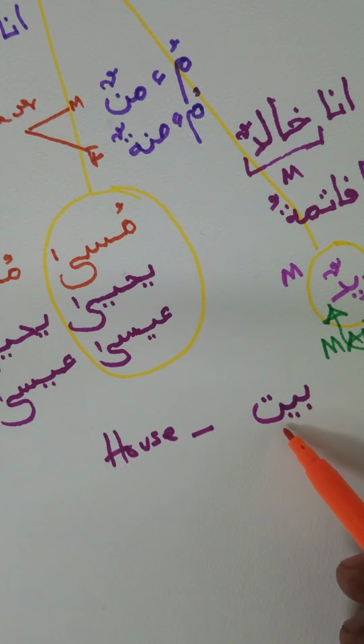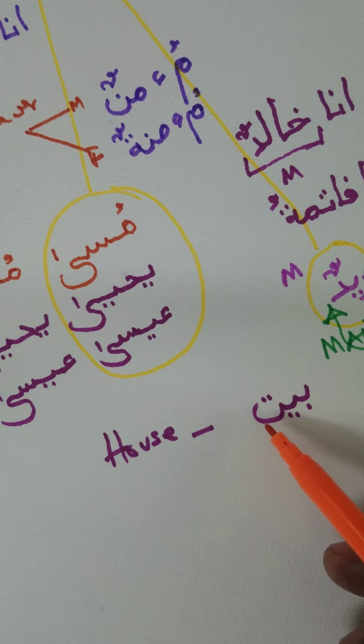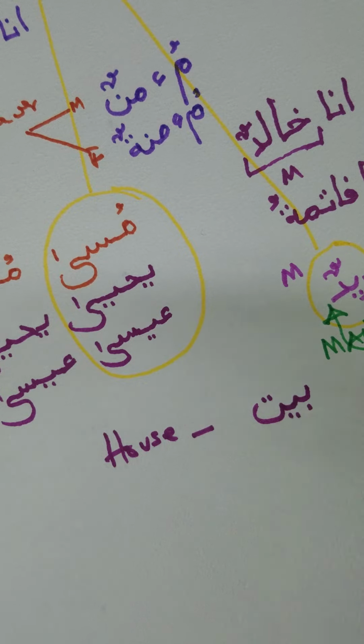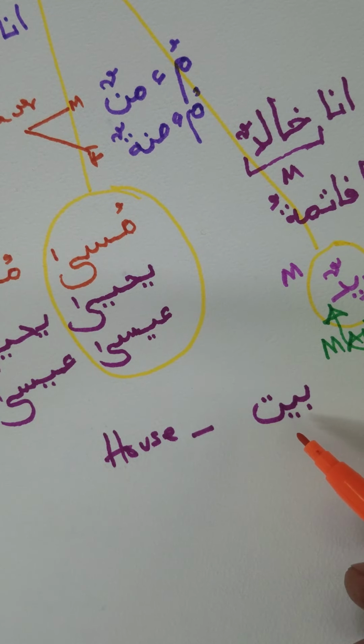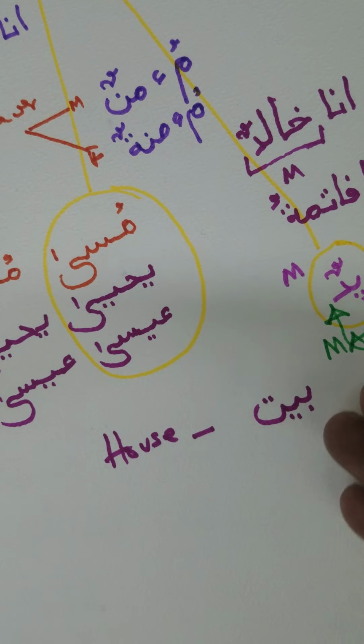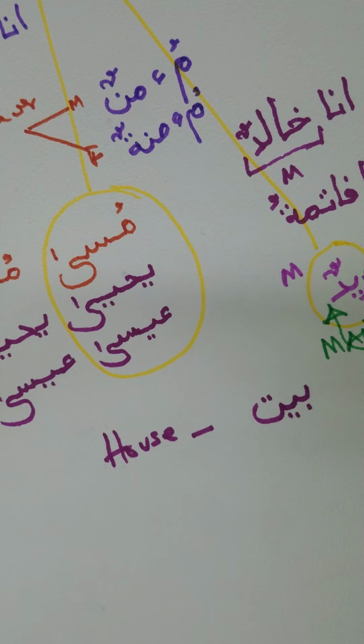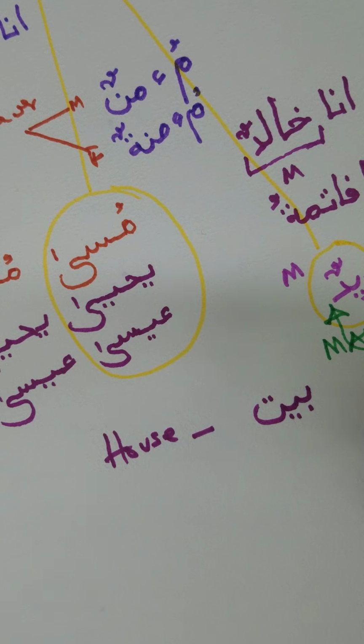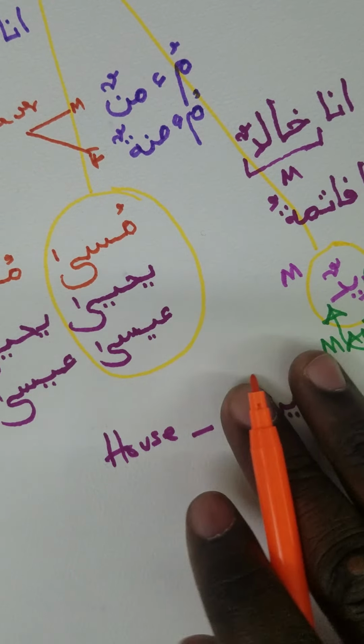This word is not feminine. Why? Because it does not end with the tamal boot. Just one of the basic examples. And it's not a name of a place. You know how we find out words that are feminine, names of places. It ends with a tamal boot. It ends with alif and nun. No, it does not fall there.